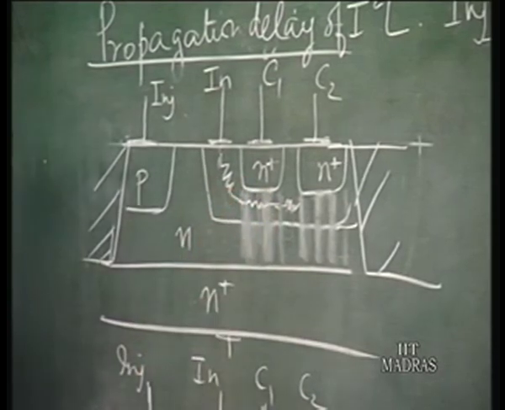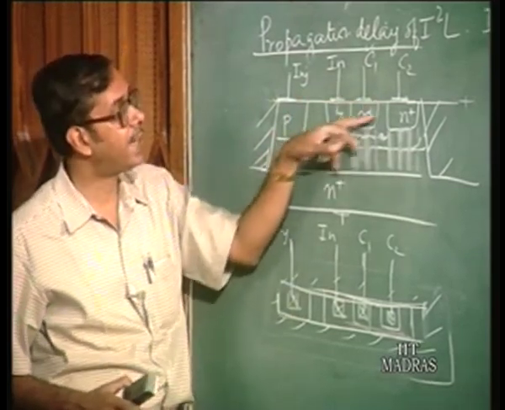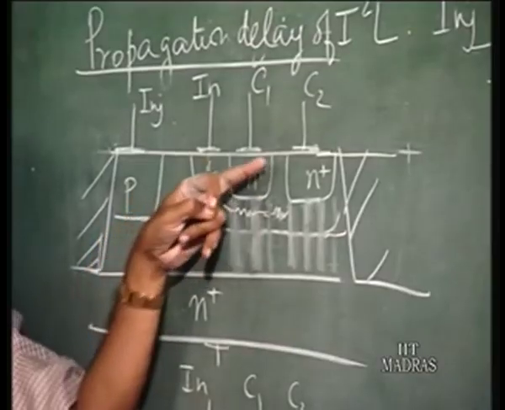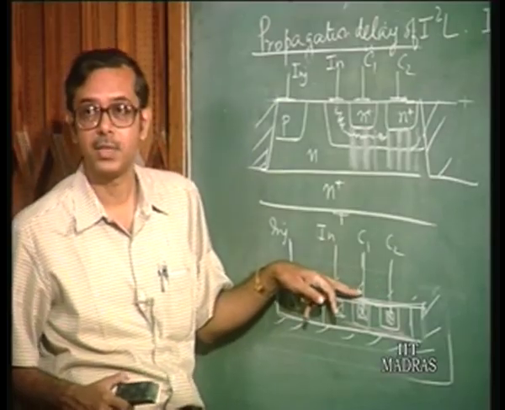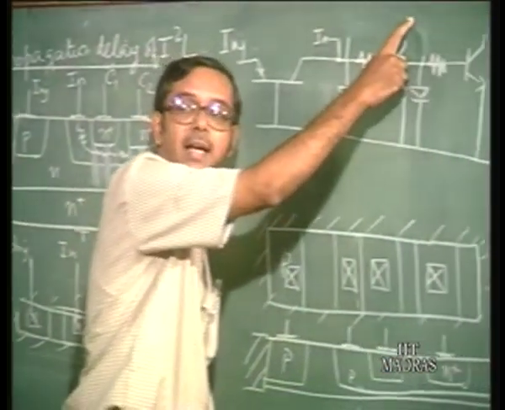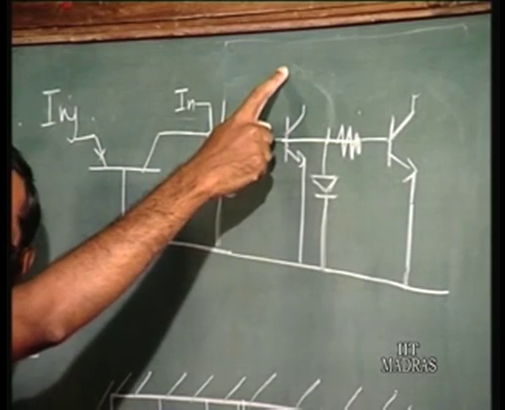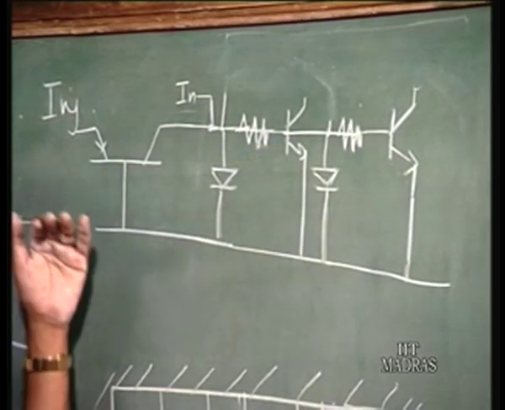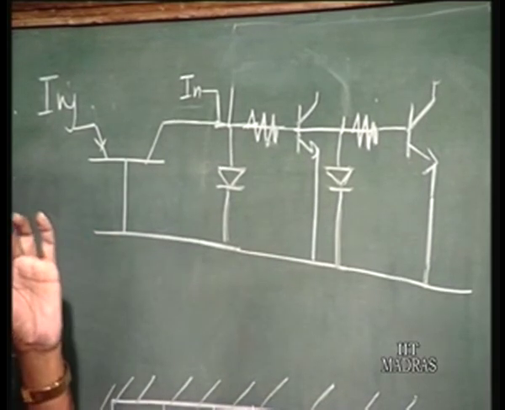If you look at the rail regions which we have eliminated, in the rail regions the current did not have to flow under any of these collector diffusions. So the rail resistance which we have in fact removed here is much less compared to these resistances, because here the current has to flow under the collector diffusion areas, where the cross sectional area is much less.